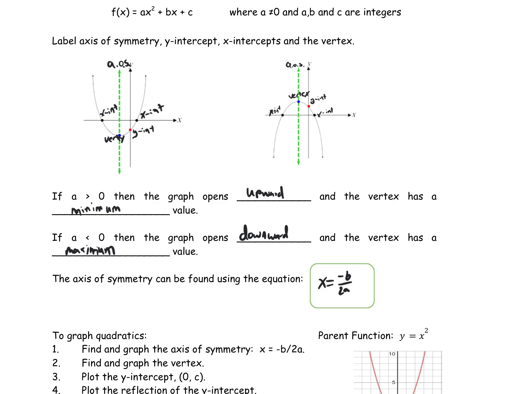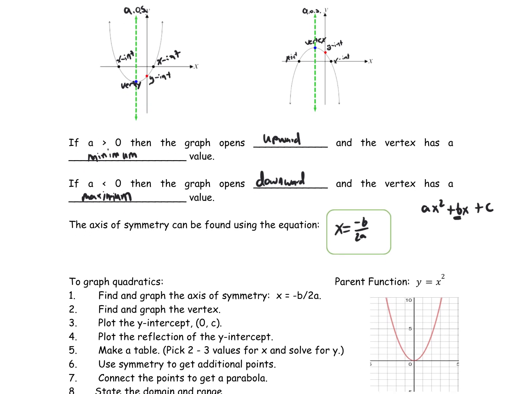So we take our b from our standard form, ax squared plus bx plus c, and we make it negative, and then we put it over 2a. And that is how we can figure out the equation of our axis of symmetry.